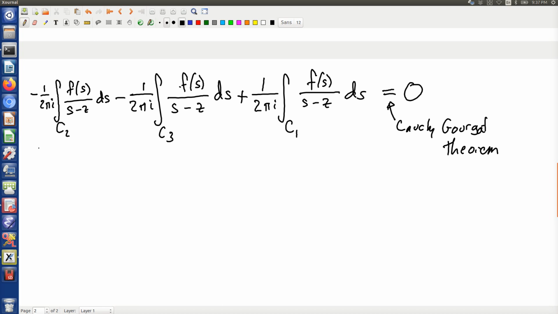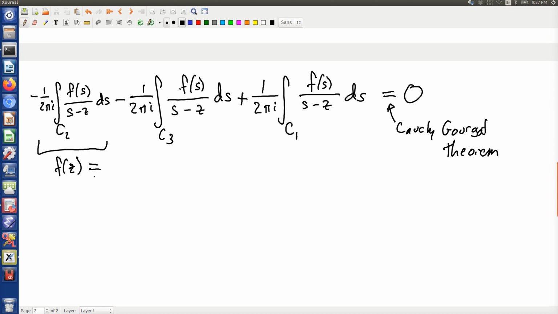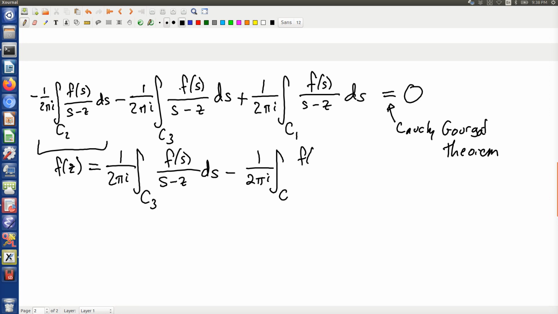This is really f of z here, we know that. And so if I move the other terms over to the other side, I'll get a 1 over 2 pi i, integral C3, f of s over s minus z, ds, minus, now this C1 integral, alright, and that's a C1 integral.